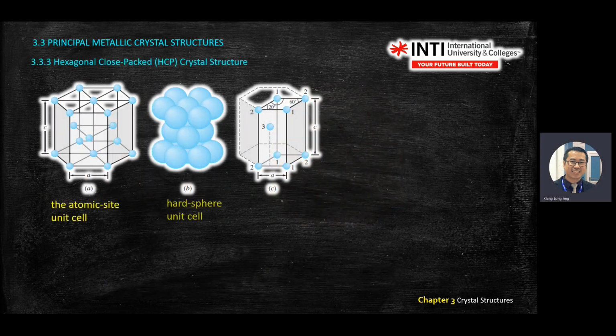Again, there are 3 ways of illustrating HCP: atomic, hard sphere, isolated. For HCP, you have 7, 7, 3 or 7, 3, 7. 737 aircraft, right? So 7 top, 3 at the center, 7 at the bottom.